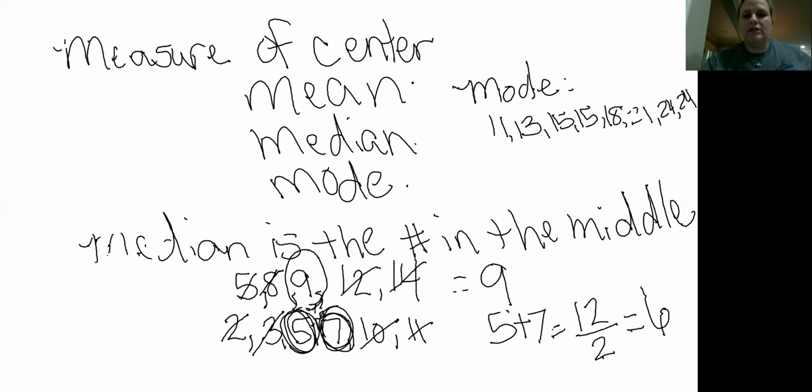Okay, we only have one 11 and we only have one 13. We have two 15s, one 18, one 21, and we have two 24s. So we have two numbers tied for the top spot of how many times they repeat in this pattern.